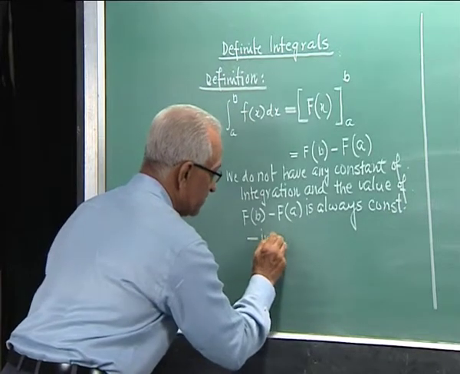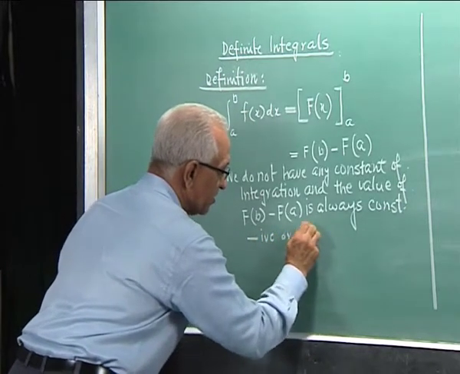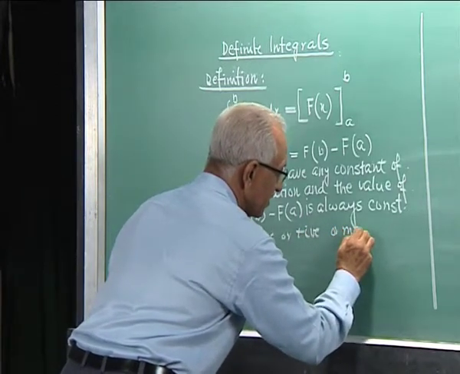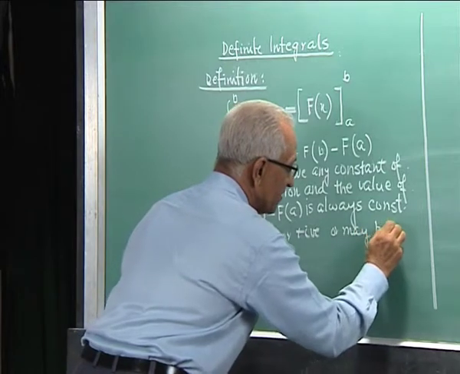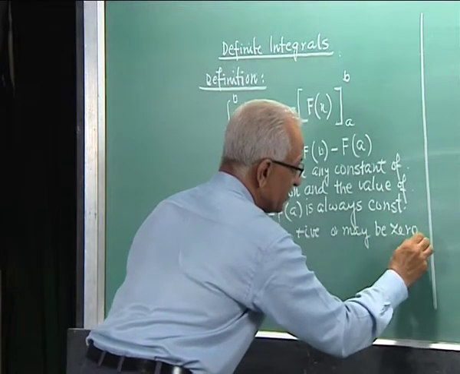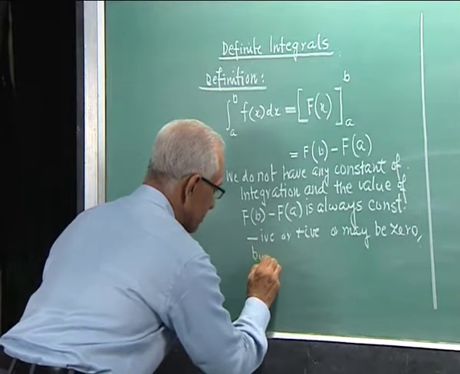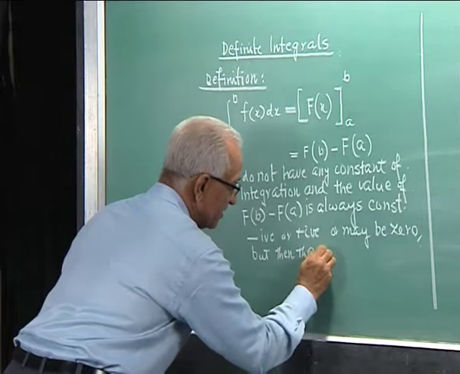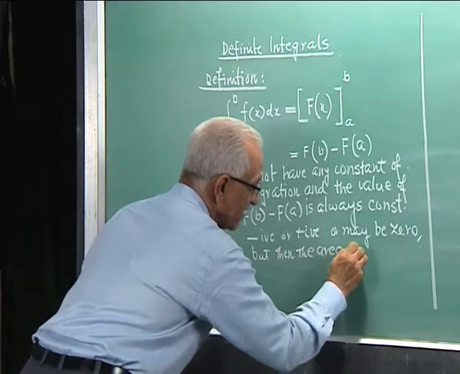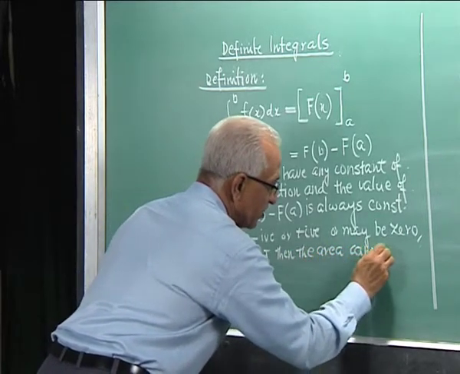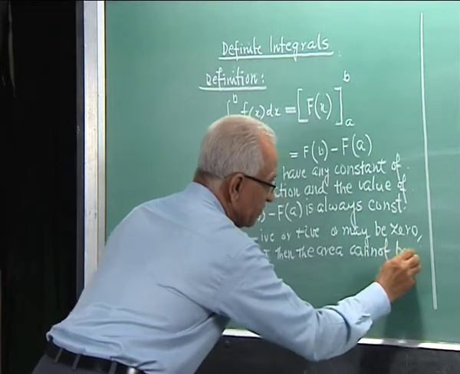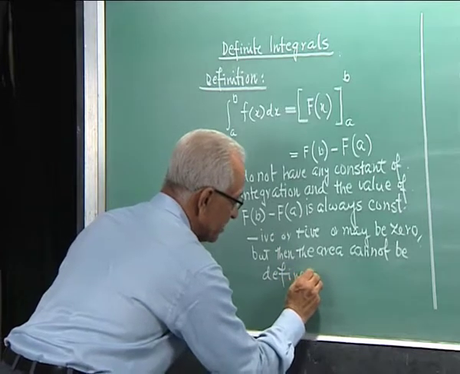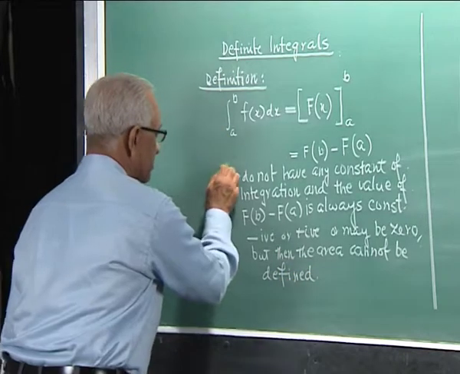It could be negative or positive or maybe 0, but then the area cannot be defined. So usually we do not get 0 here, but negative and positive values are always possible.